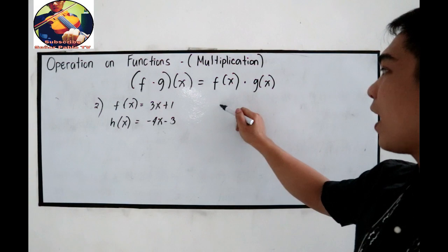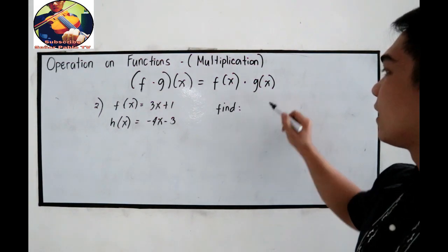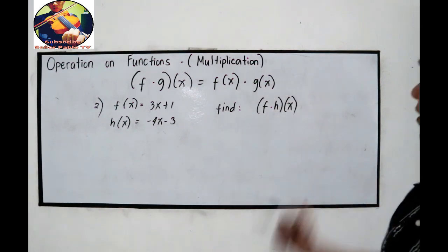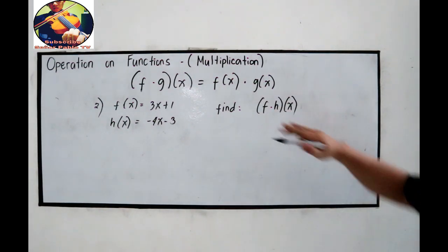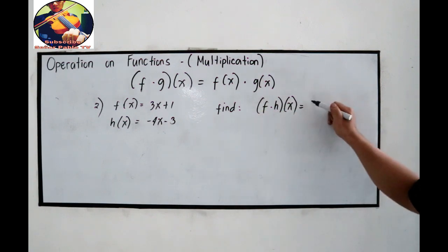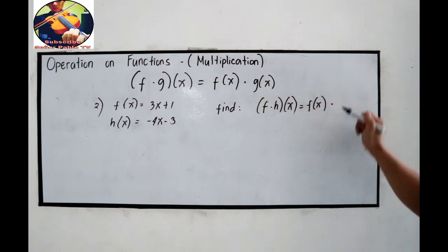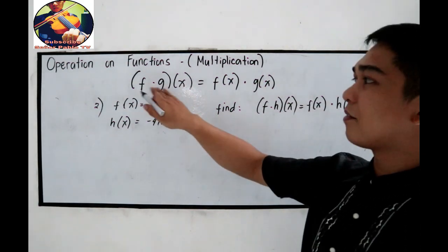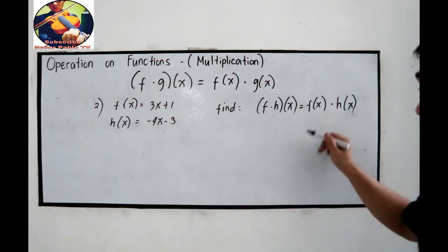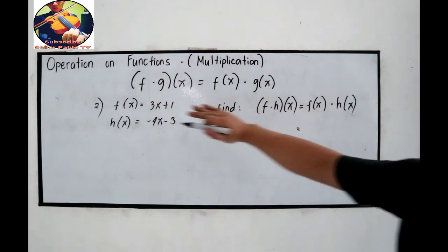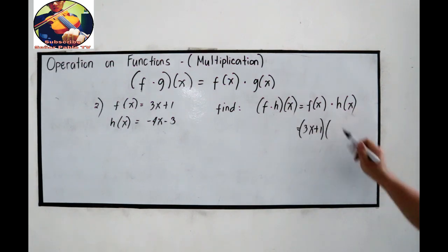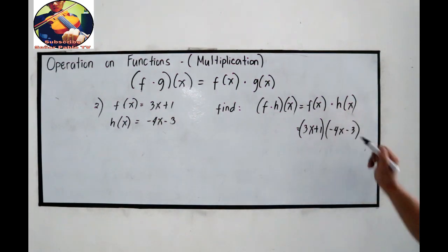Find f times h of x. So, alam natin, ito ay equal lang sa f of x times h of x. So, pwede palitan ng mga variable yan, ating function, depende sa function natin. So, f of x is 3x plus 1 times h of x, negative 4x minus 3.